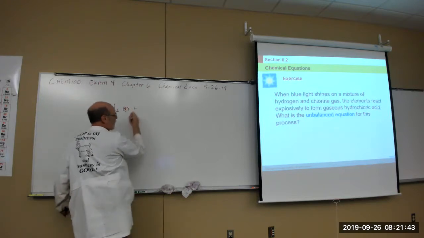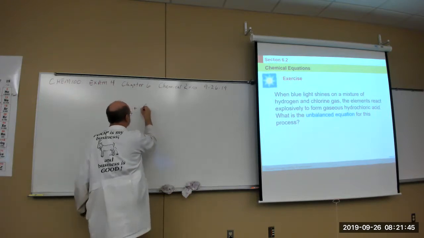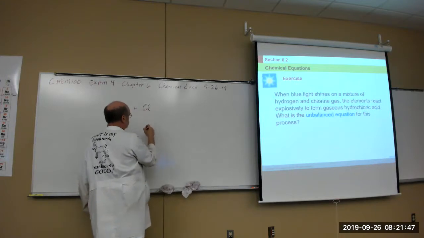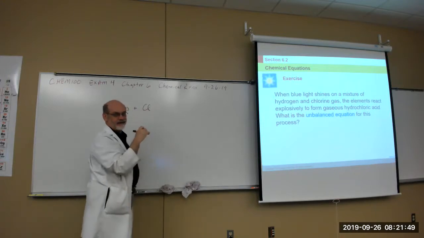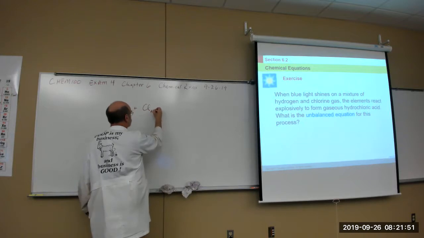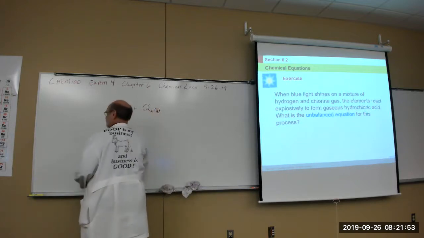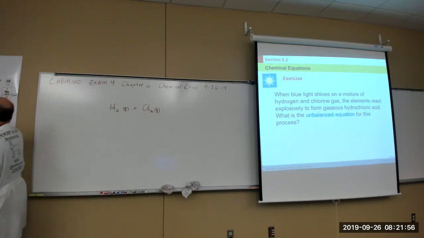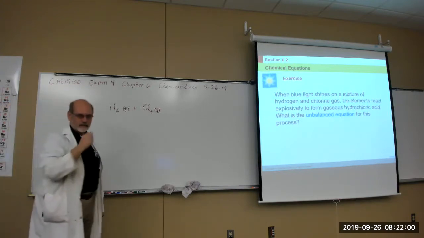That gas is combined with chlorine gas. How about that one? Also diatomic? Yeah, that one's diatomic also. Right, because hydrogen, nitrogen, oxygen, chlorine, bromine, iodine. Those are all diatomics.